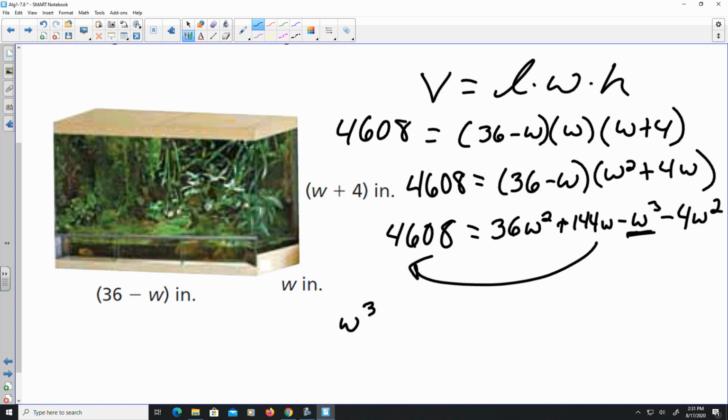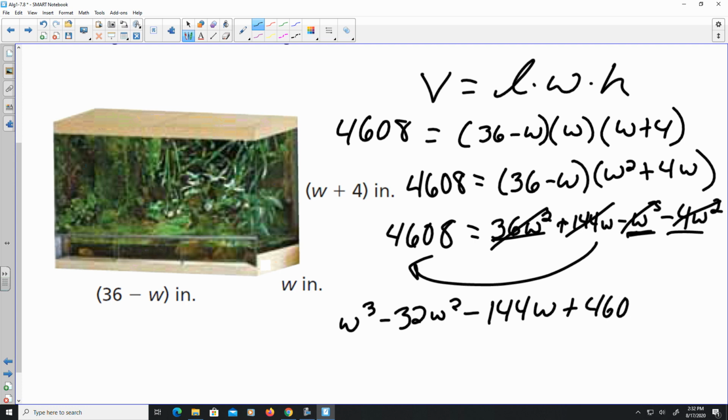And 36 minus 4 gives me 32, because I combine the like terms, so I'm going to have minus 32W squared on the left-hand side. I'm going to have minus 144W, because I took care of everything else. And then I have plus 4608 and set that equal to 0.